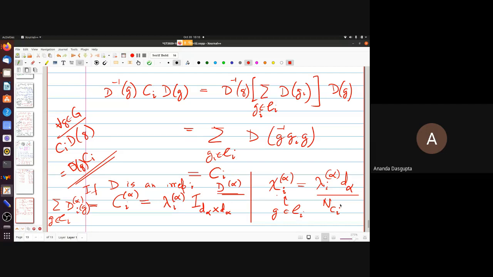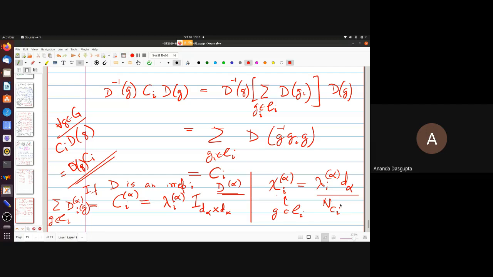And since there are NCI of such matrices, each one of them has the same character. Remember, character is a class function. It depends only on the class. So the left-hand side really is NCI times chi I alpha. The right-hand side, as was correctly said, is lambda I alpha d alpha. But you have to divide by NCI.